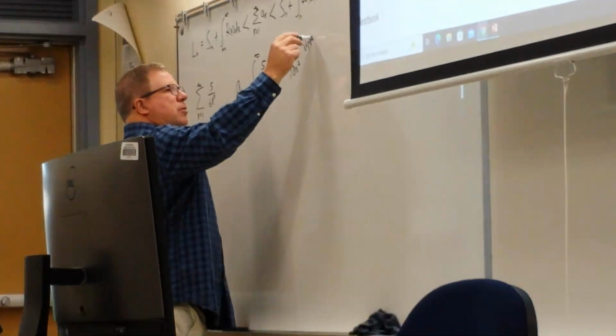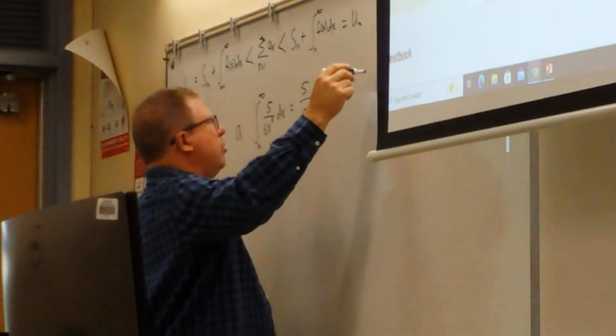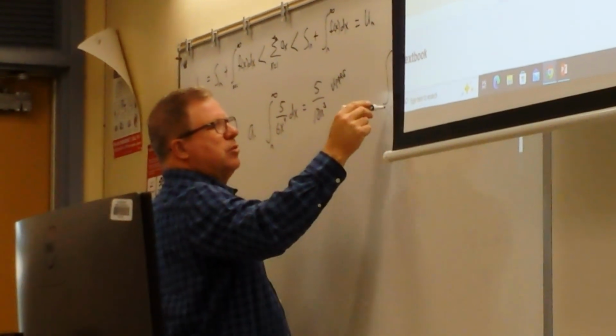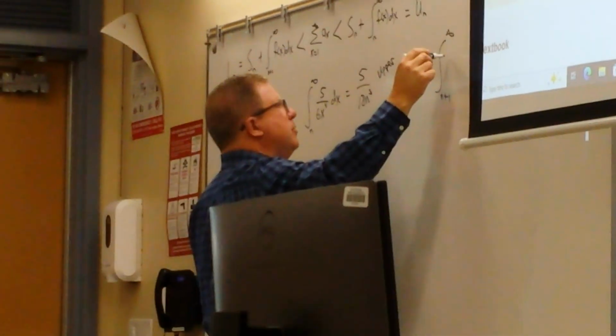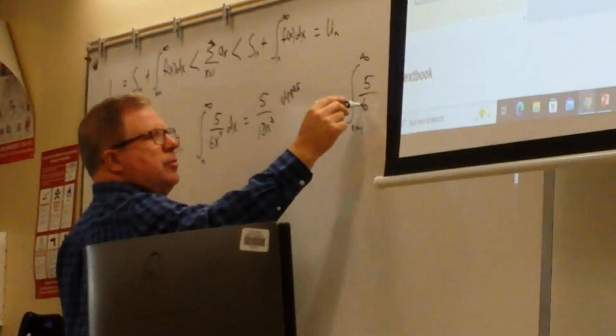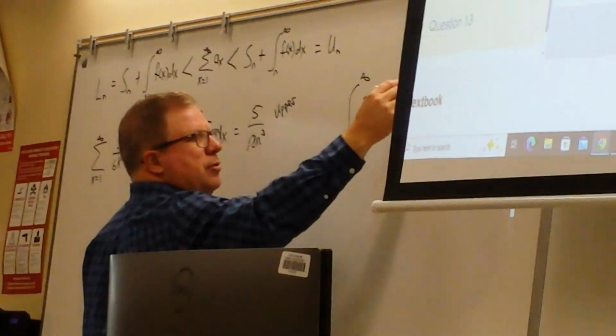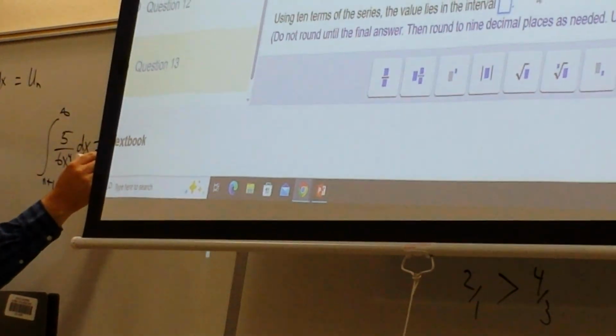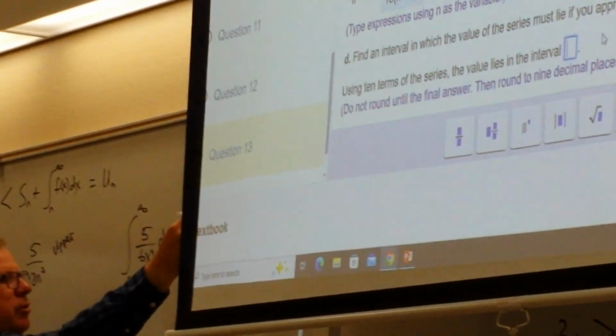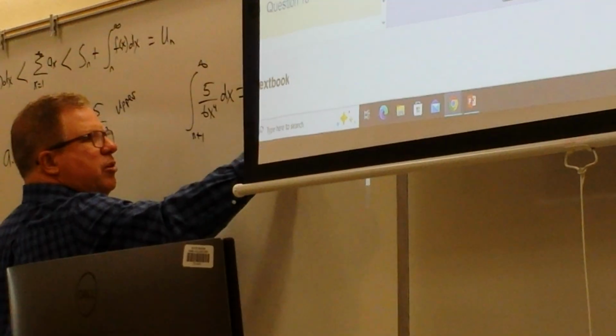This is the upper. The lower is 18 times n plus 1 cubed. This is the lower.